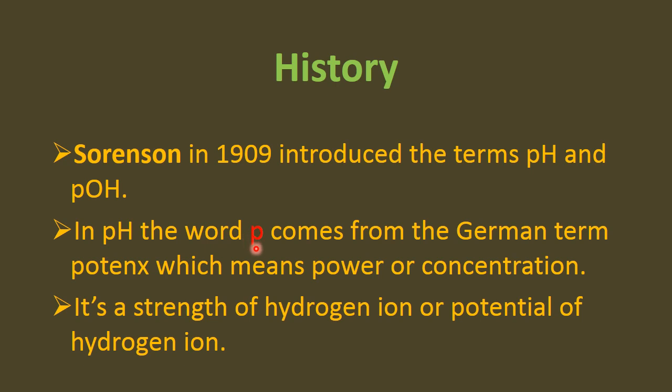Yes, the P comes from the German term Potenz, which means power or concentration. So concentration of what? Here we have to discuss the power and concentration of hydrogen ion, or we can say the potential of hydrogen ion in any solution.